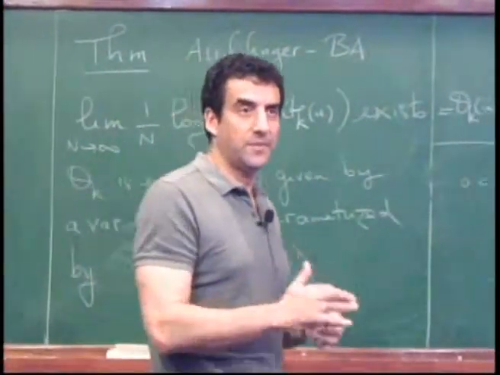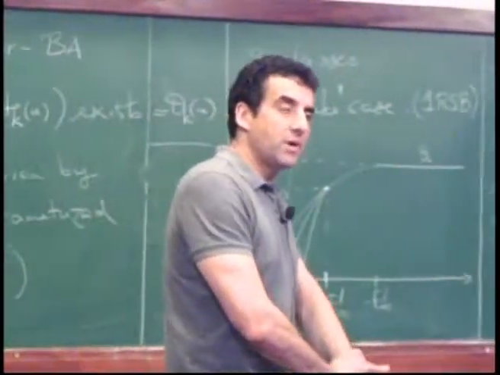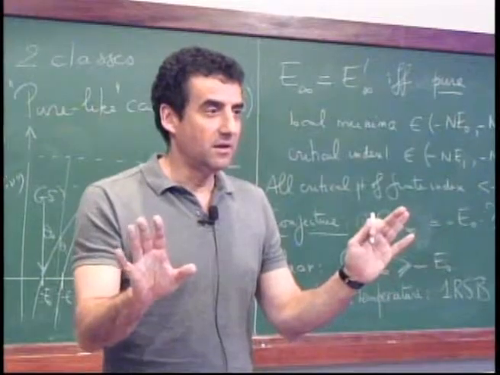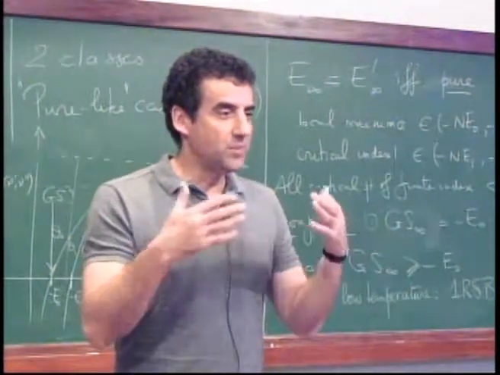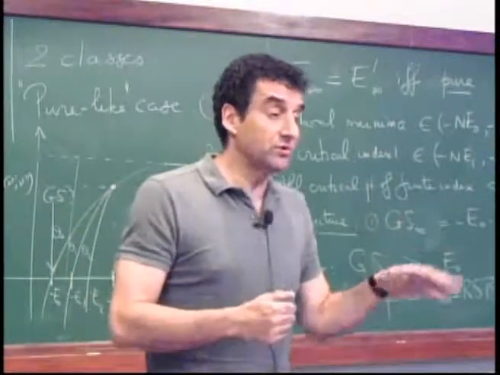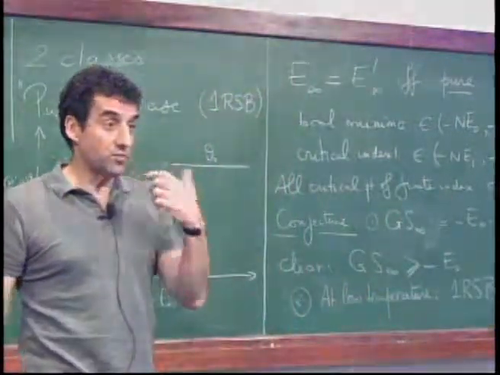Right? So I remind you where we have this picture, but we have very little information, in fact. We know that there is a high temperature phase where it's replica symmetric, but for the low temperature, very few cases where we can say anything.